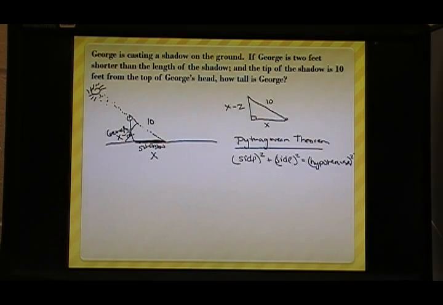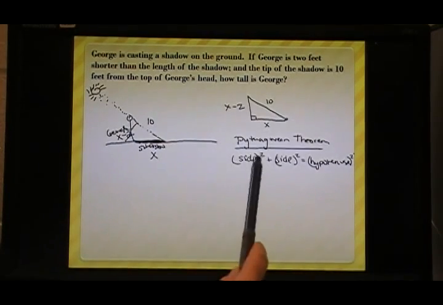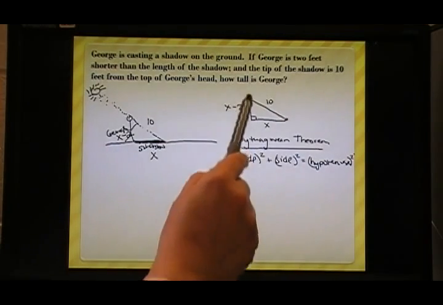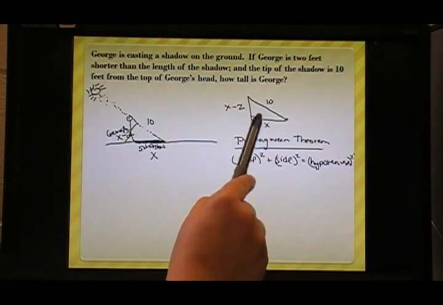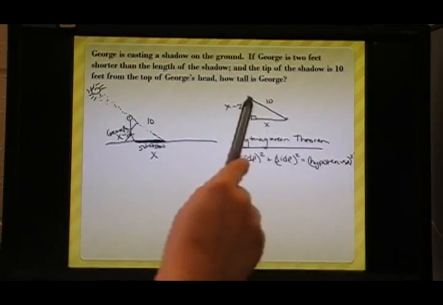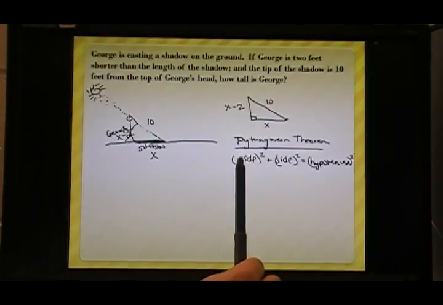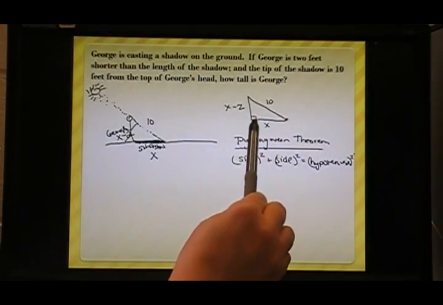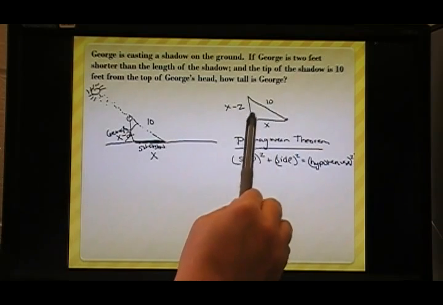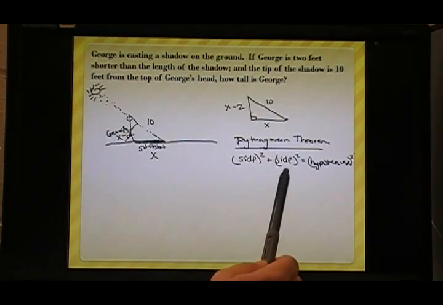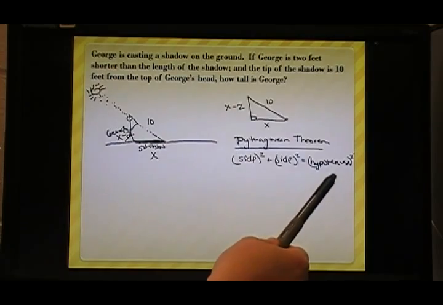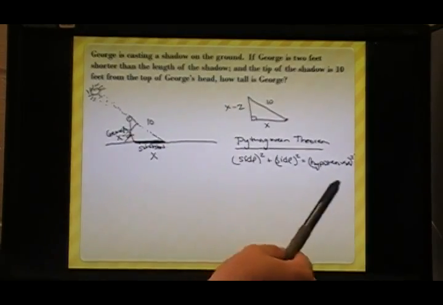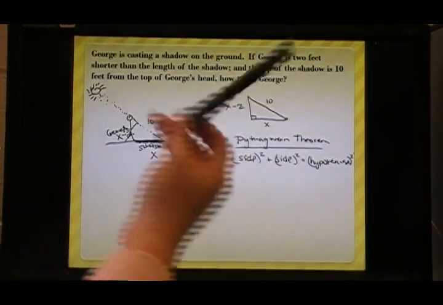Or you probably have heard a squared plus b squared equals c squared, but I don't like to use a's, b's, and c's because that confuses people. When you're talking about right triangles, the sides are the legs of the right triangle that make the 90-degree angle. The hypotenuse is the other one. So whichever two legs make the right angle, those are your sides, and then the other is the hypotenuse.